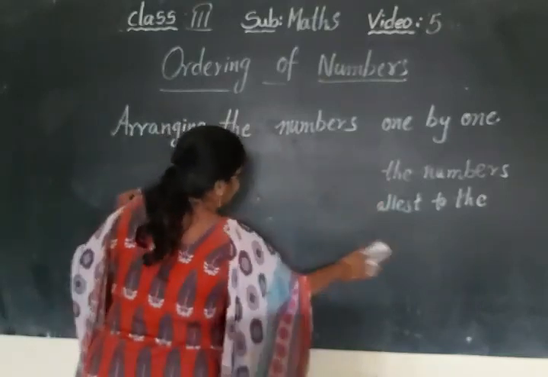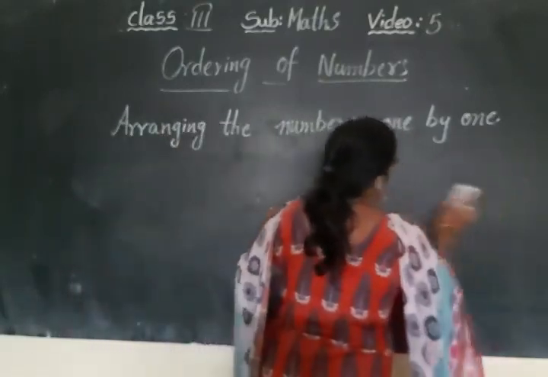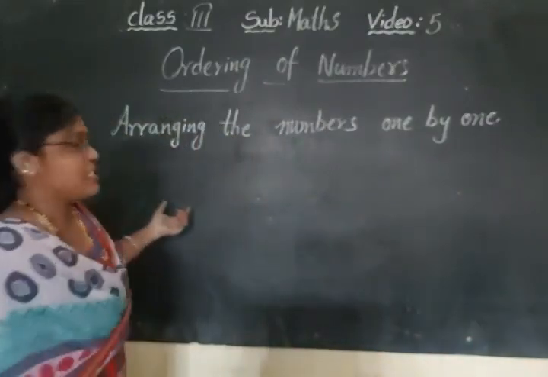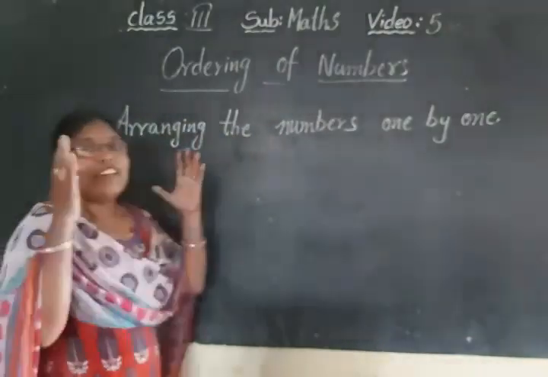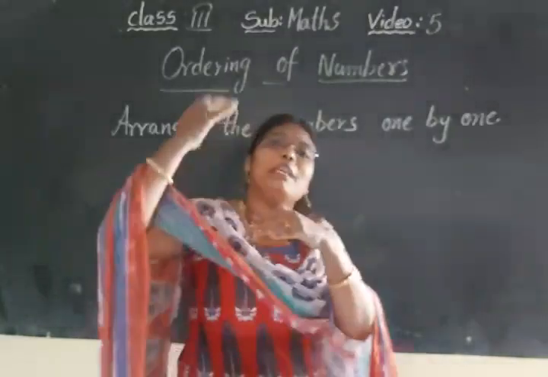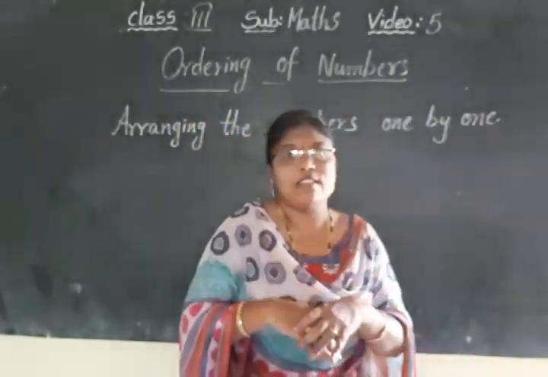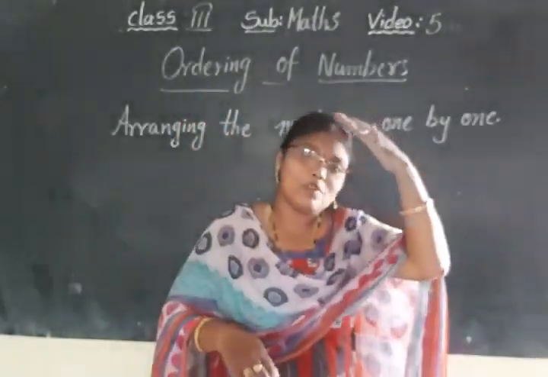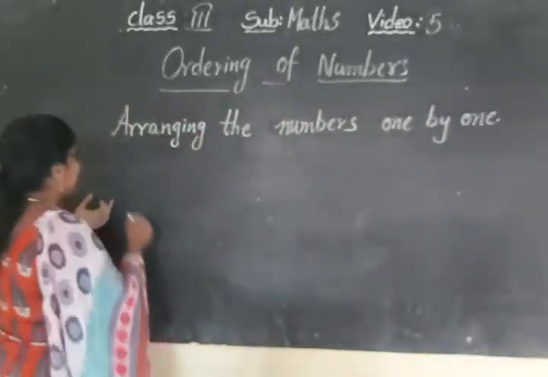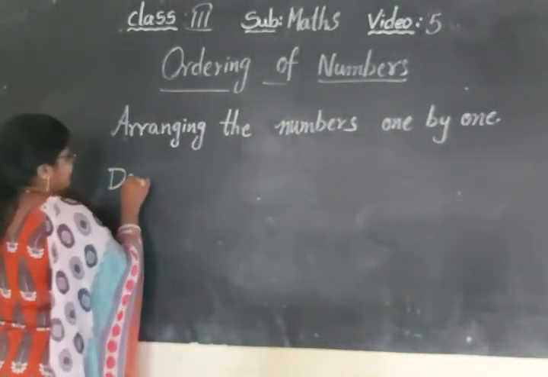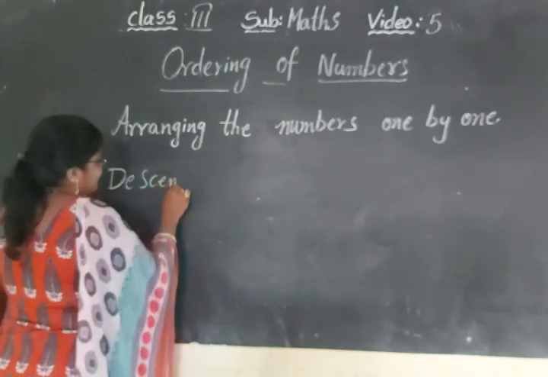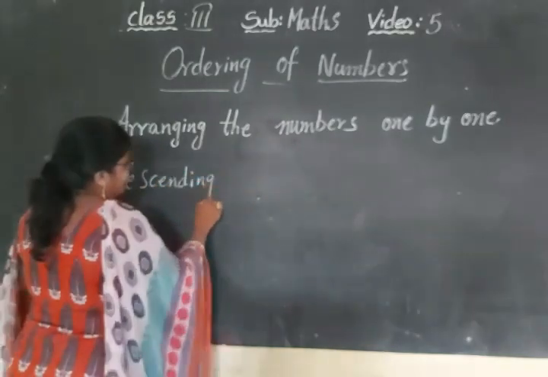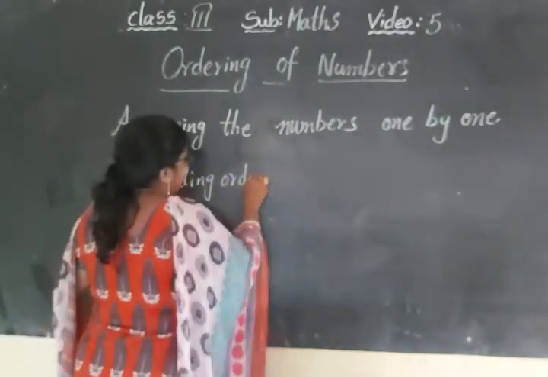And the other one is the exact opposite of this, which is arranging the numbers from the biggest to the smallest. And the numbers will come down. That is nothing but descending order. What is descending order?